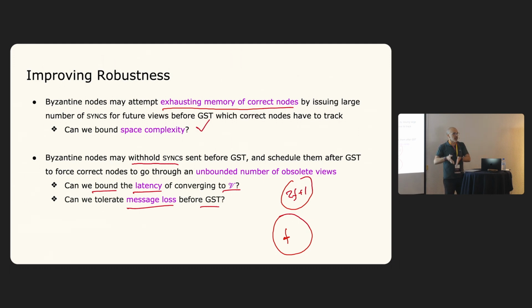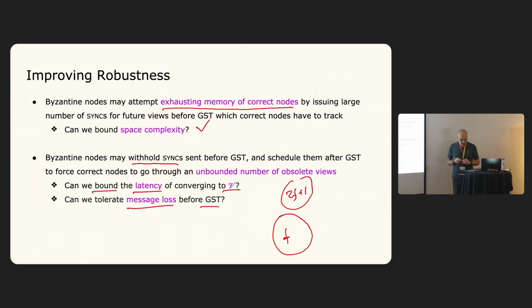To guarantee something like that amounts to saying that we can process an unbounded number of messages in bounded time. Therefore, it's much more reasonable to assume that messages can be lost before GST, and then we have to deal with that.